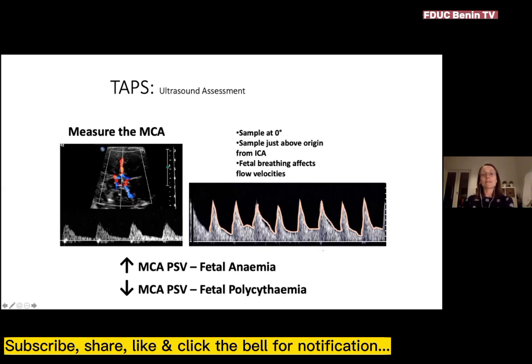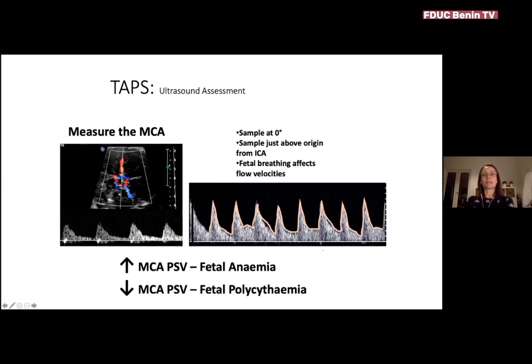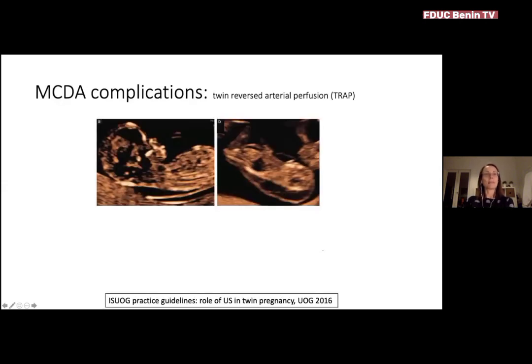I haven't put in a slide about management here because there's really no good evidence about how to manage antenatally detected TAPS, but the options would be to transfuse the anemic fetus if the gestation is very early, or to perform laser to try and ablate the anastomoses, or if the gestation is a little later, to deliver the babies to allow postnatal assessment and transfusion as required.